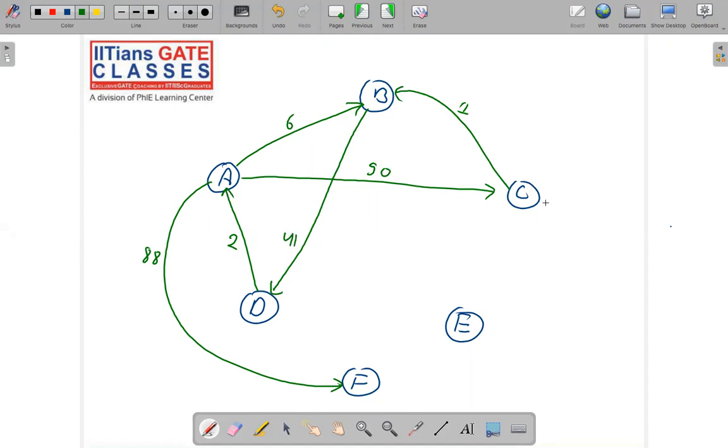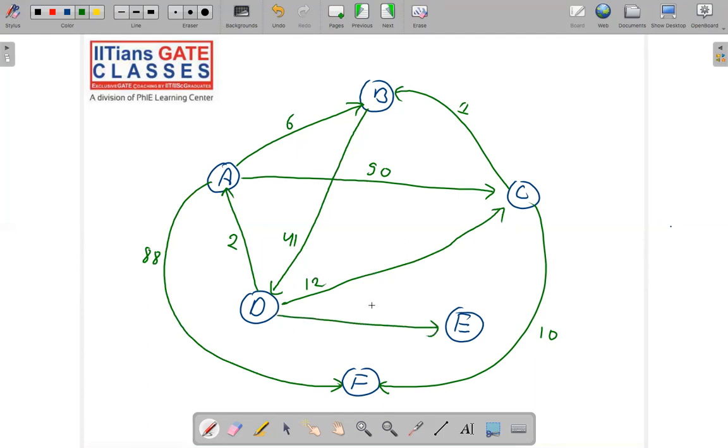Then from C, we have 2 edges. One is to B with edge weight 1. One is to F. It's C to F with edge weight 10. Okay, so that's it for C. From D, we have 1 edge to A with edge weight 2, 1 edge to C with edge weight 12, and 1 edge to E with edge weight 50.